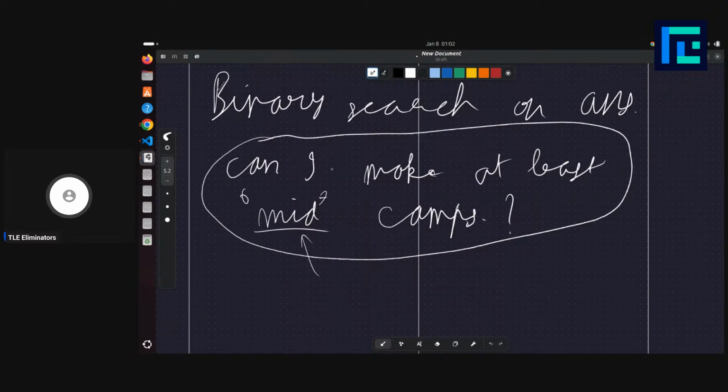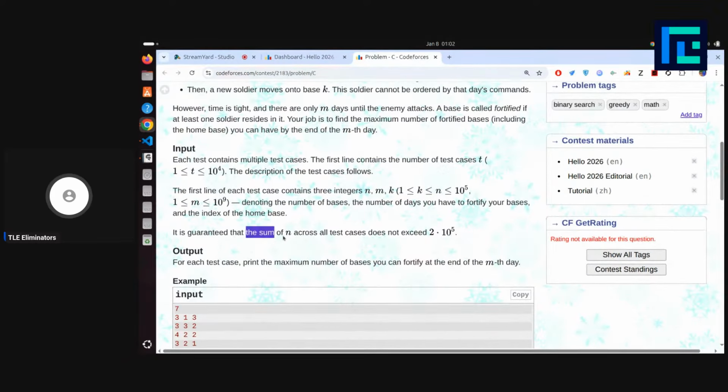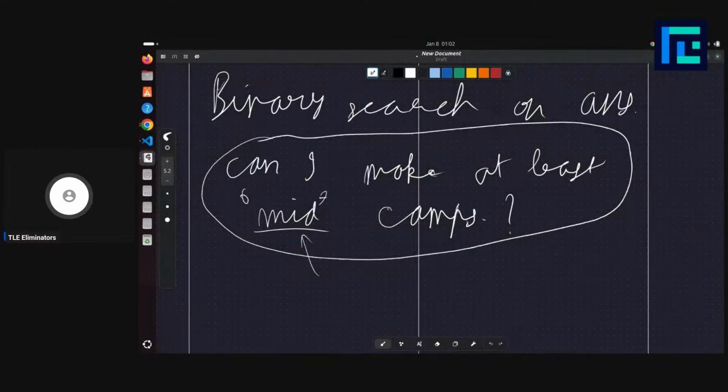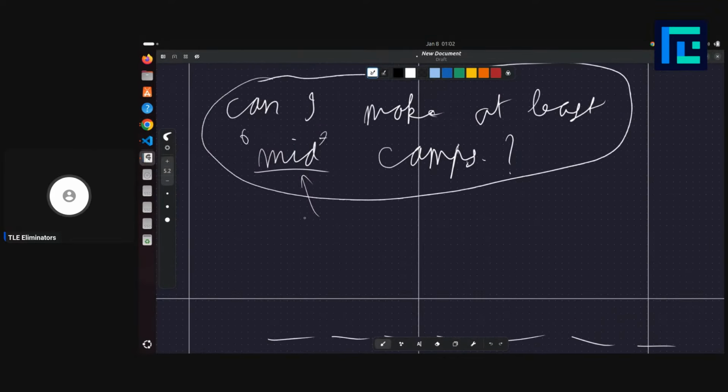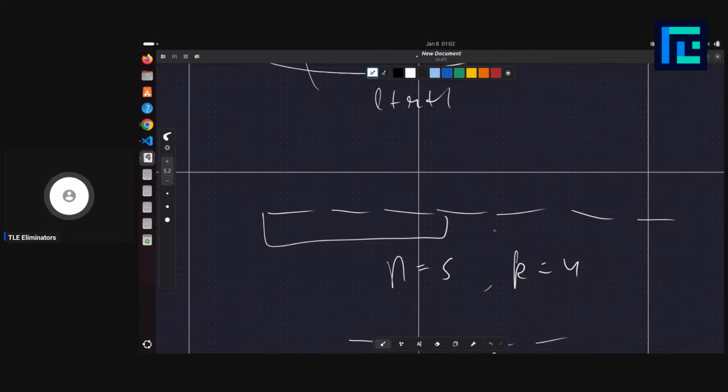To check the mid, I will use this O of n constraint. They have said that the sum of n is not more than 2e5, so I can do it in O of n. I will just check all the breaks of L and R, all the possible combinations of L and R such that L plus R plus 1 is the total length. We have L on the left, R on the right, and 1 is our own camp.